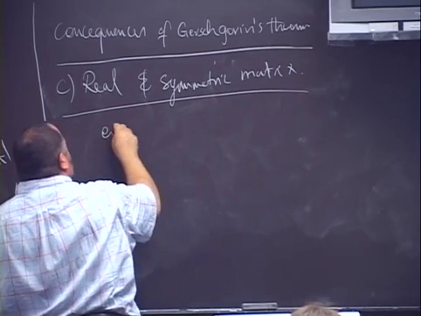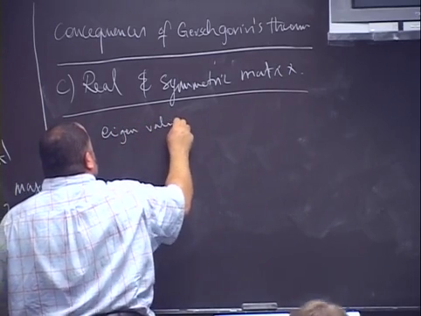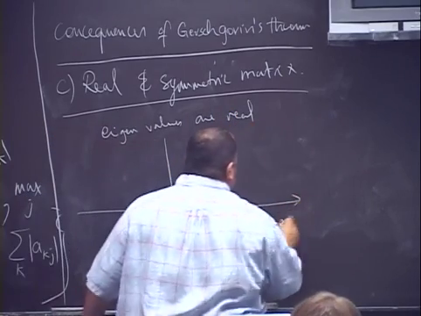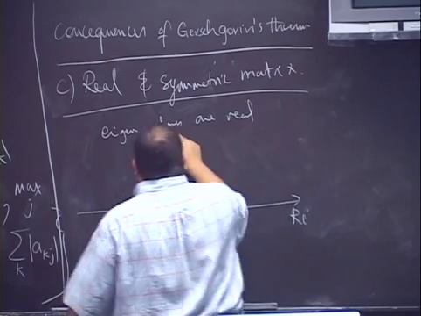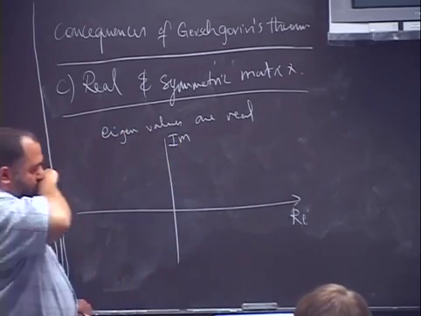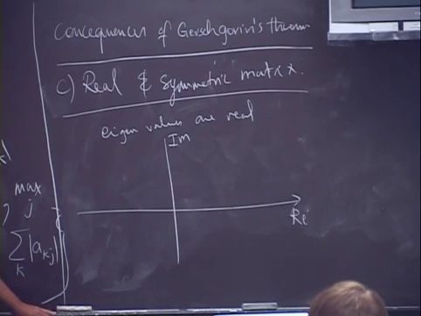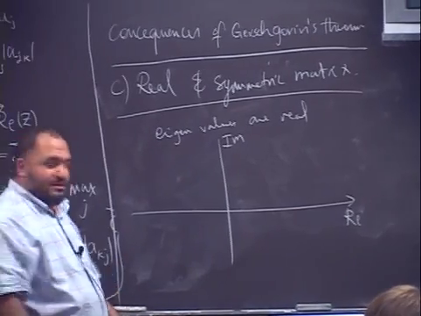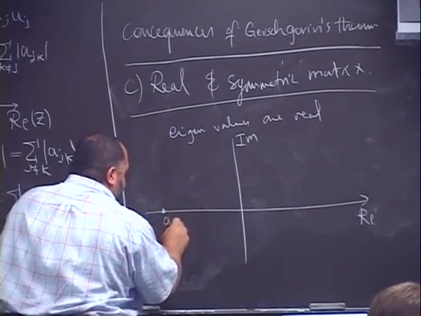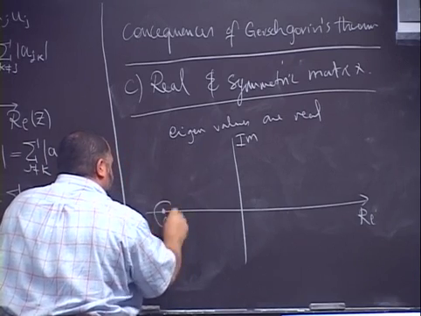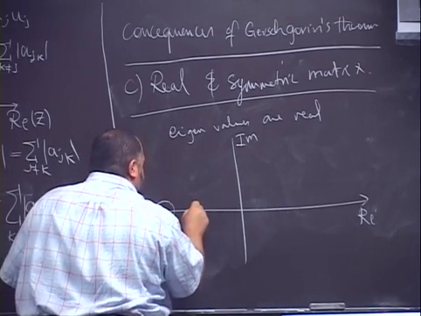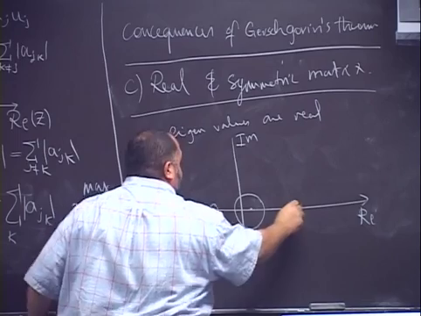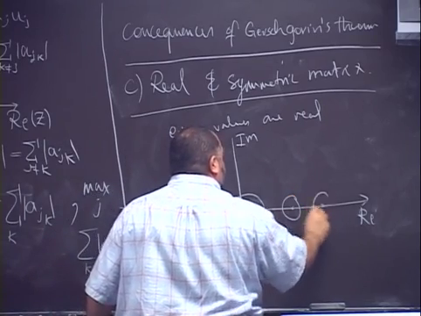So eigenvalues are real. What does it mean here in the complex plane to have real eigenvalues? So all the eigenvalues will lie on the x-axis. So I will have, let's say, a_jj here with the circle or disk around it, a_jj maybe here, with another one here, another one here, another one here, and so on.